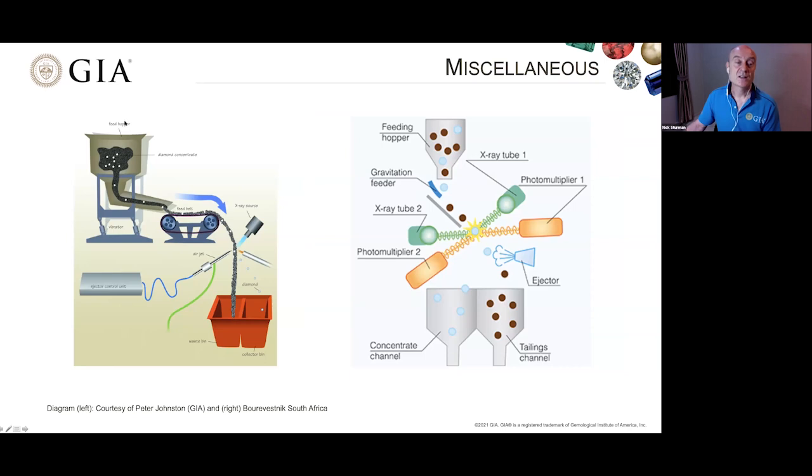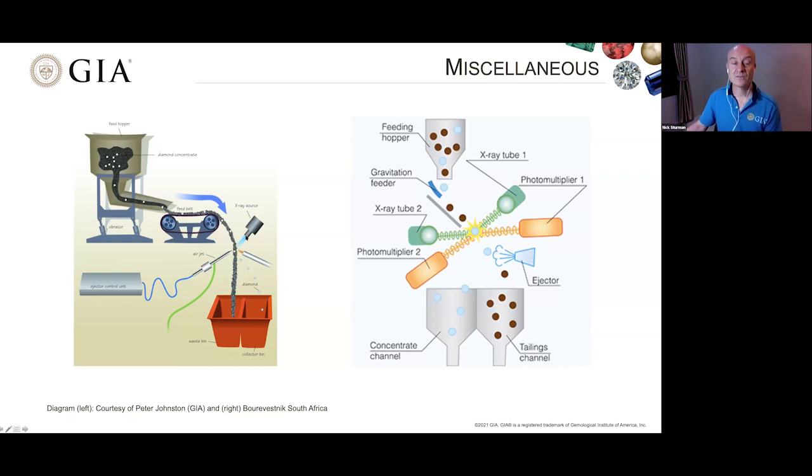During the process, it will go in the feed hopper, we have a diamond concentrate, it will go on the feed belt, and then there will be a point where they use X-rays to expose the ore that drops past the beam.